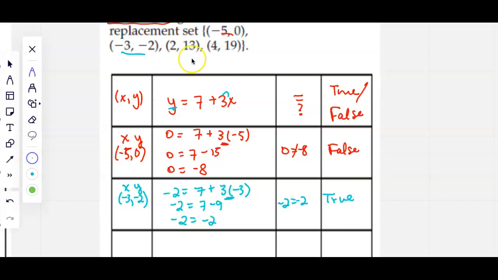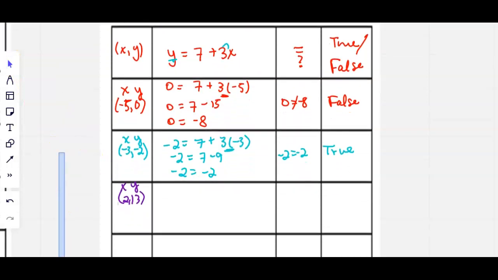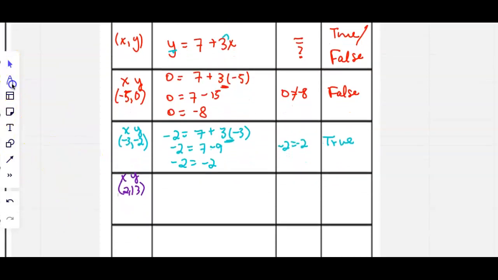All right, next one, we have 2, 13. And so 2 comes first, so that's x, and y comes second, that's 13. I need to scroll down here a wee bit. There we go. And now y is first, so that's 13 equals 7 plus 3. And once again, that's times x.